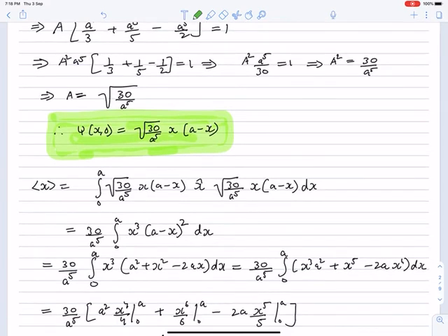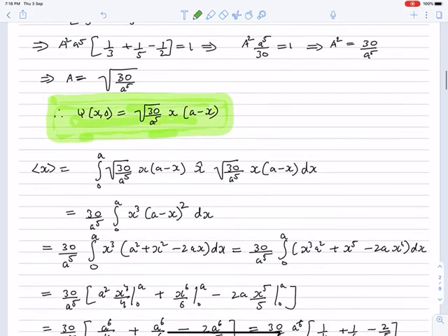Now we have to calculate the expectation value of position. How to calculate it? First you have to see the operator. The x operator is given by x.